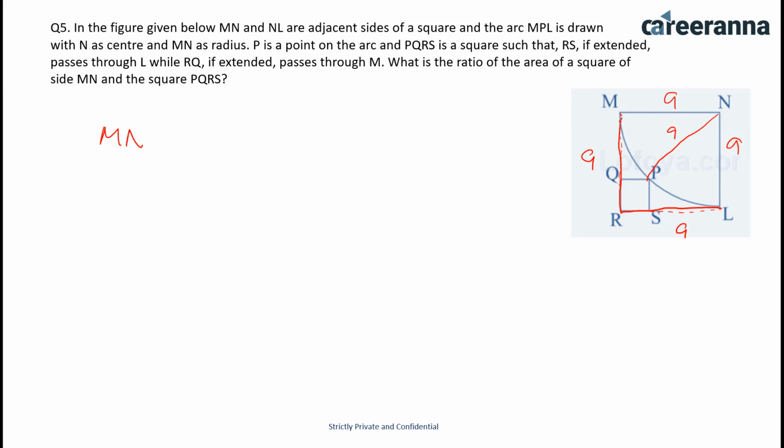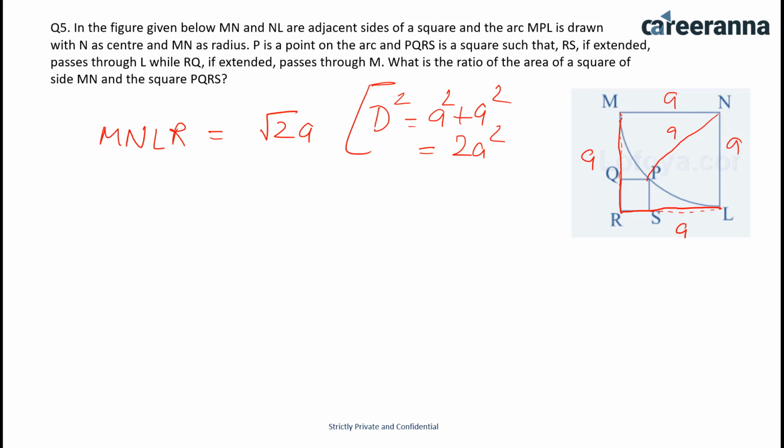In square MNLR, the value of the diagonal comes out to be root 2 times A. Why? Because D square is equal to A square plus A square. This will become 2A square. D will become root 2 times A. Now I know the value of this, that is PN is equal to A. I need to find the value of RP. So RP is nothing but, now this root 2A is RN.